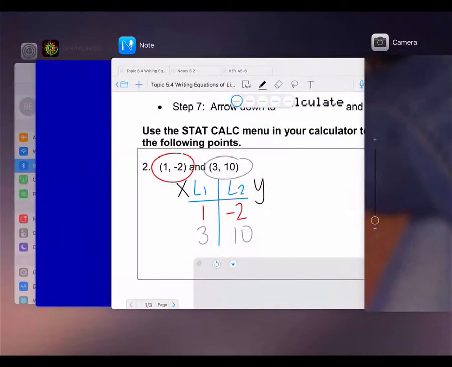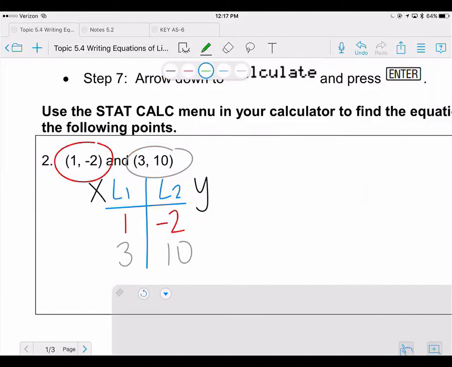On my paper, I'm going to write down everything and then we're going to explain what it means. So a is 6. B is negative 8, and then they told me up at the top ax plus b. So I'm just copying down what I got from that calculator.